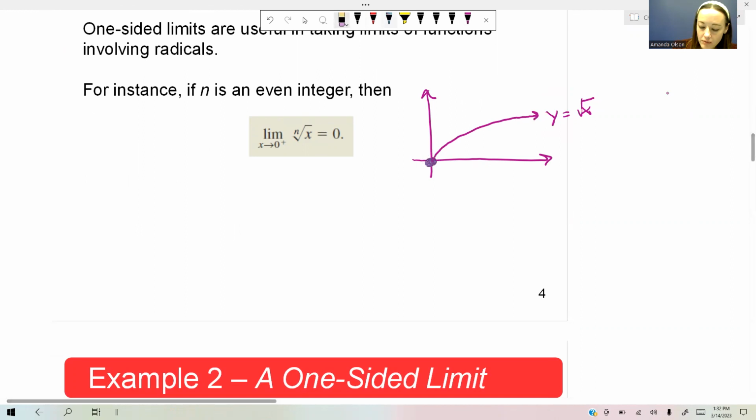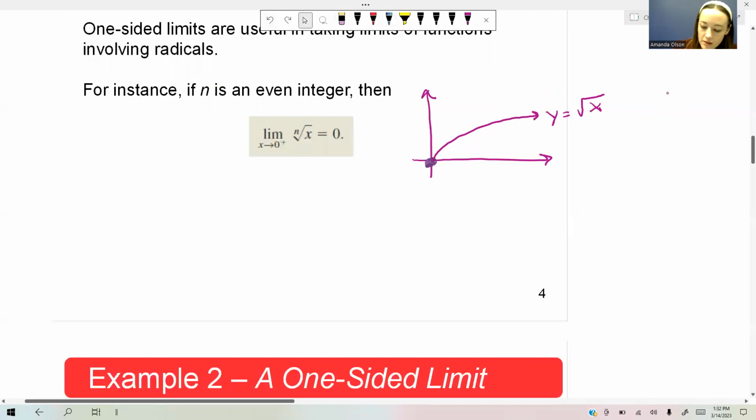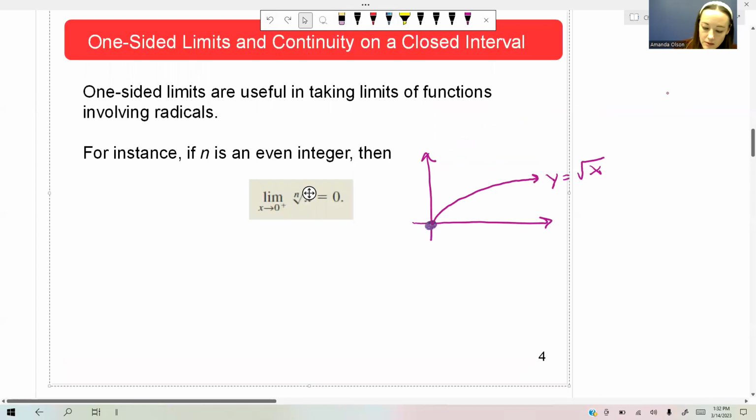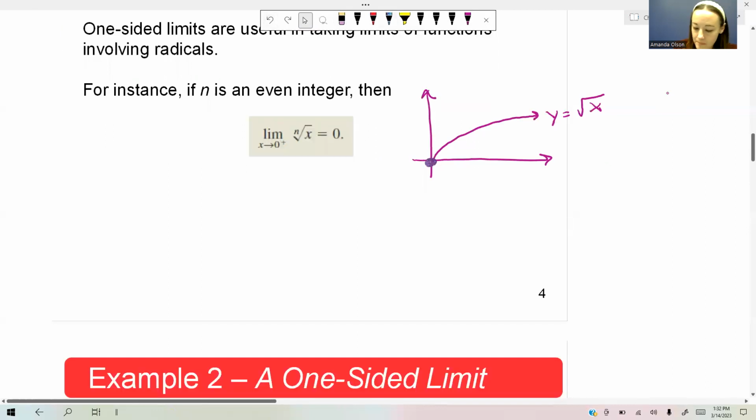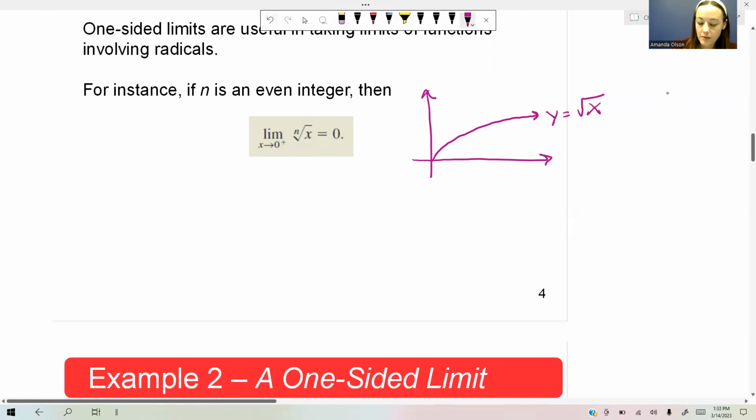And so we have a spot where my graph is actually not defined, and we have infinitely many spots where our graph is not defined.